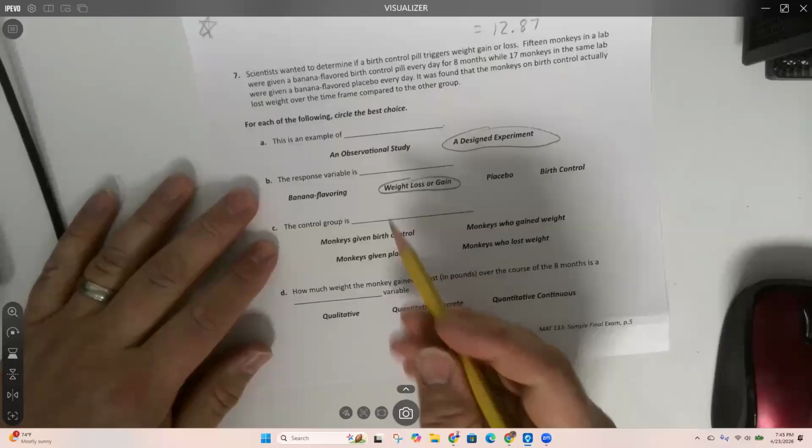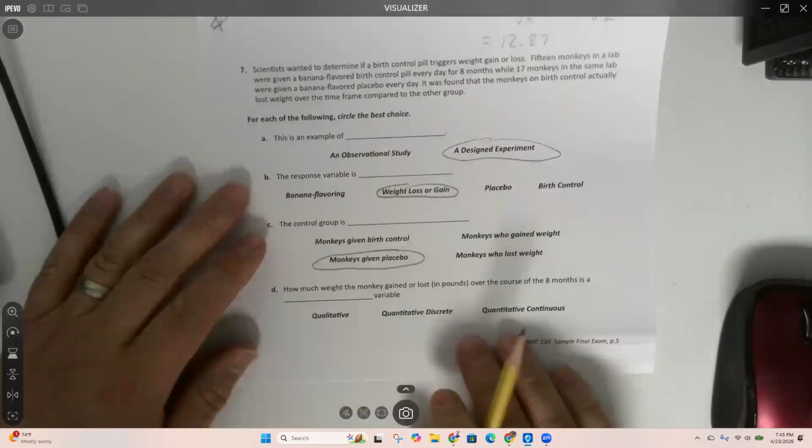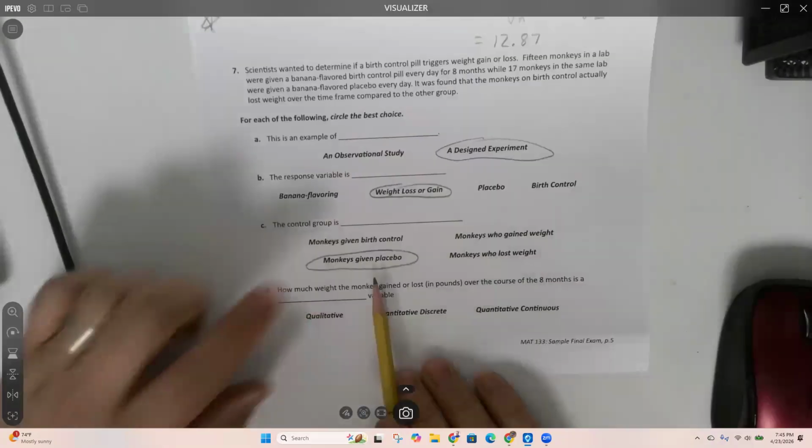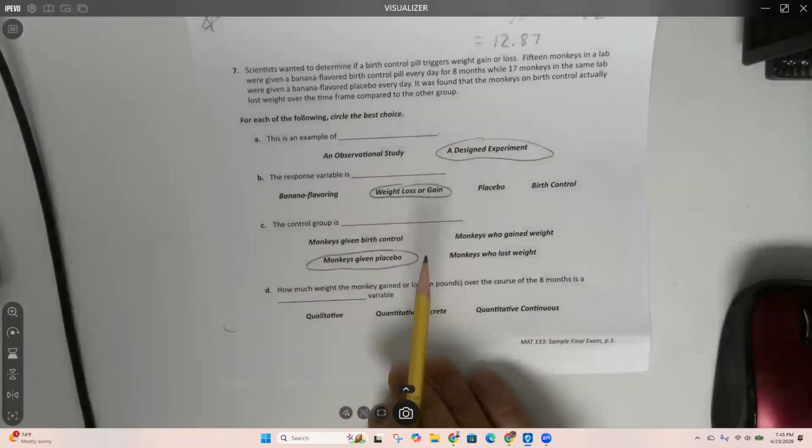Yep. Mike and Gabby, I agree. It is the placebo. The control group is the group getting the placebo. The placebo doesn't do anything, right? The monkeys getting the birth control are the experiment group.